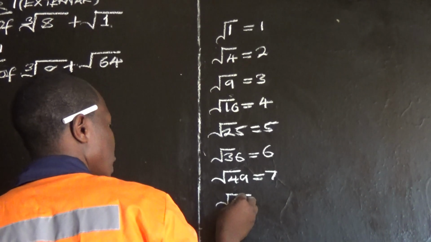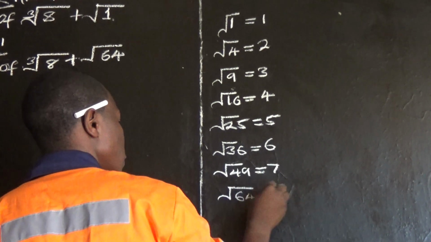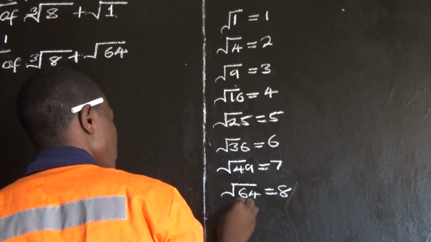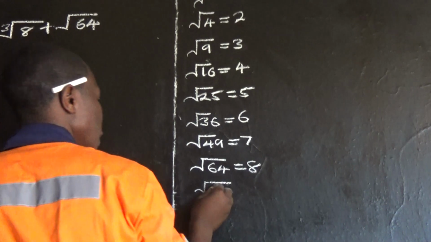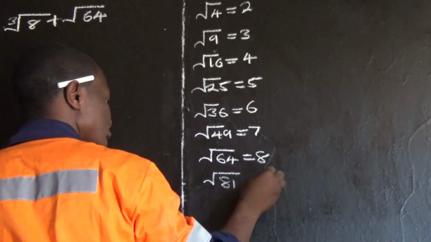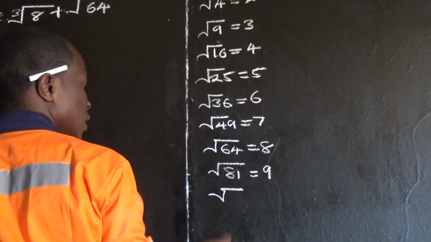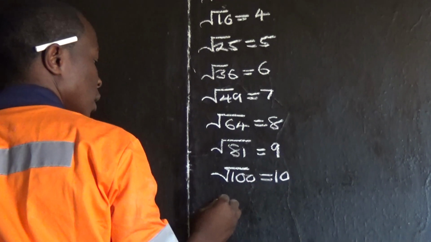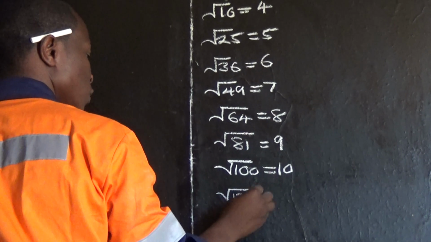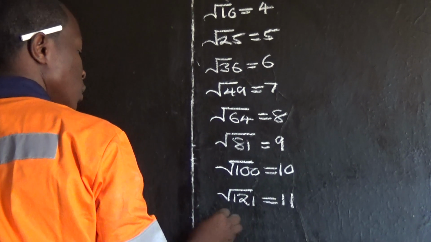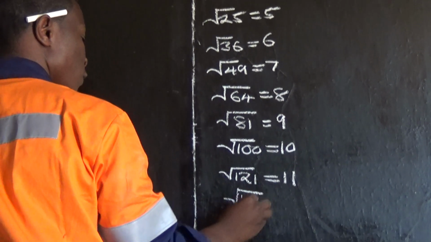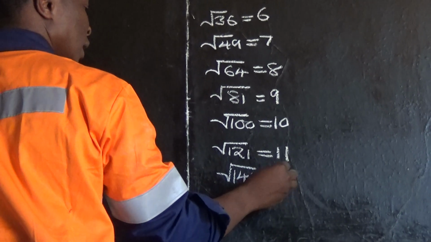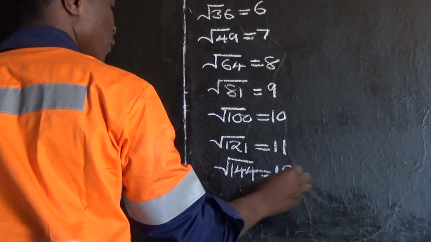Square root of 64, you get 8. Square root of 81, you get 9. Square root of 100, you get 10. Square root of 121, you get 11. Square root of 144, you get 12.